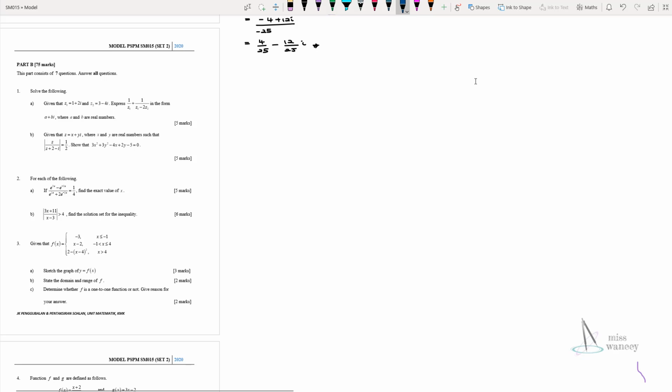Given that z is equal to x plus yi, where x and y are real numbers such that, okay, so number 1B, we have the modulus of z over z plus 2 minus i, and this is equal to 1 over 2. Okay, so basically this is actually a complex number. So the modulus of a complex number is not the same as what we learn in chapter 2.